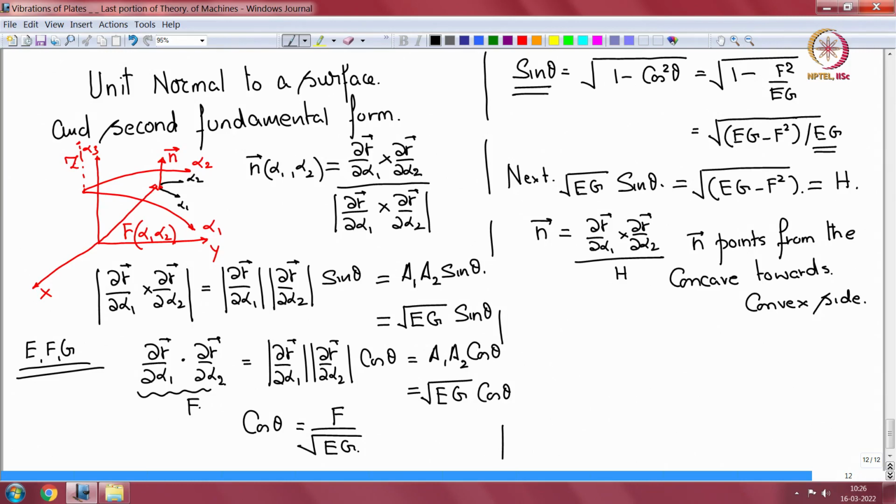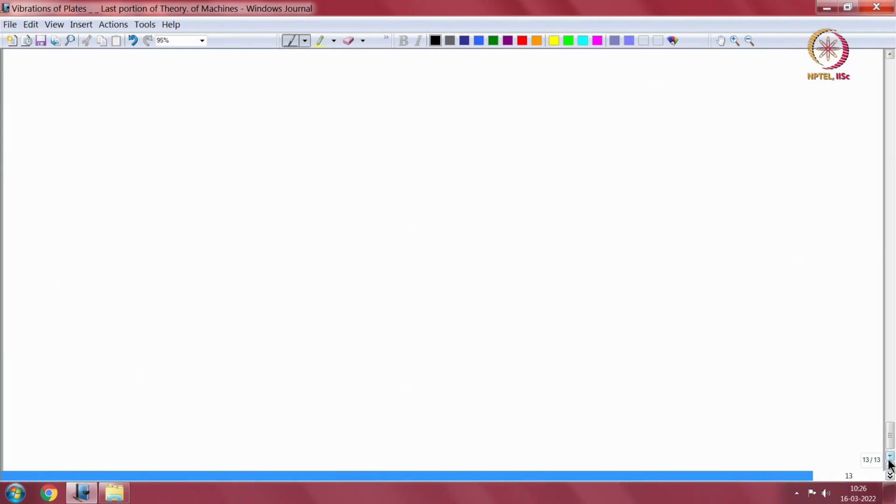Now, the second fundamental form. So let me take a specialized example to illustrate.